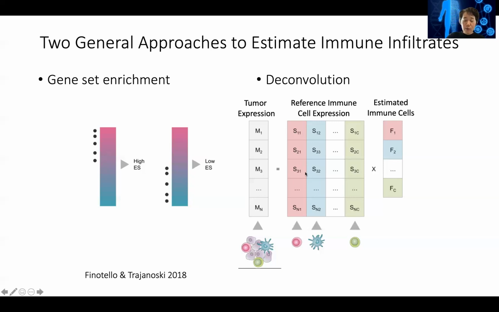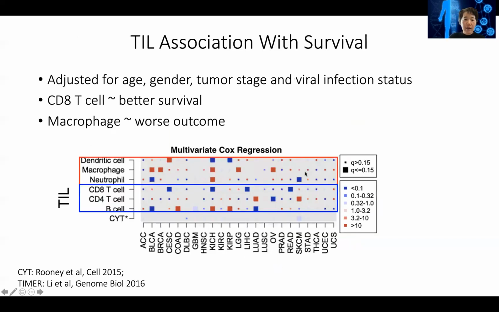There are also many algorithms developed. And so far, analyzing a lot of different TCGA tumors, it seems that immune cell infiltration really has a very strong influence on patient survival. For example, if the tumor has overall very high level of macrophage infiltration, in here, each column is a cancer type, and each row is one major immune cell infiltration level.